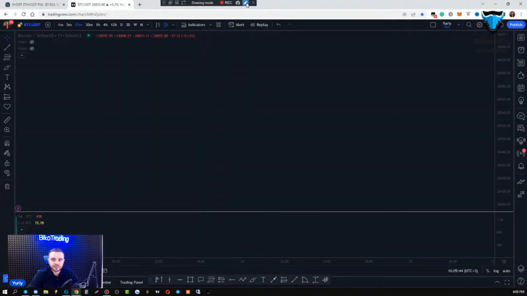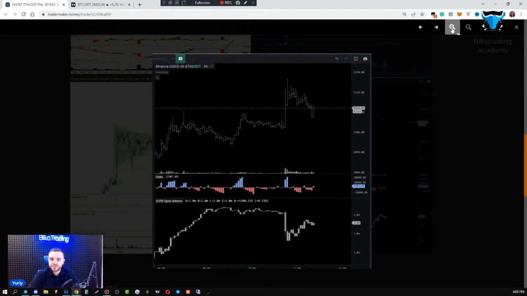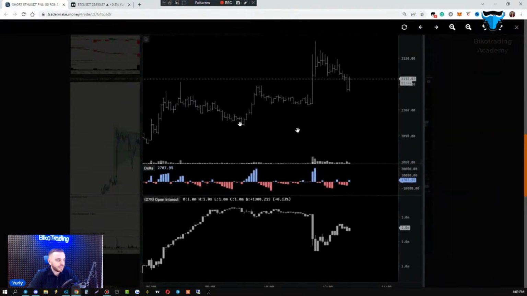How does cumulative delta build? Before understanding cumulative delta, you should know what delta is. Tell me, how many of you know what delta is? Write plus if you have used delta before, and write minus if you have never used delta before.